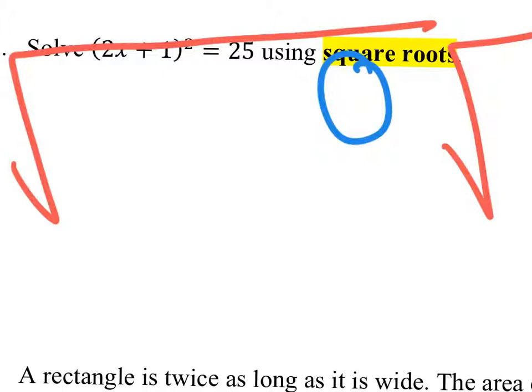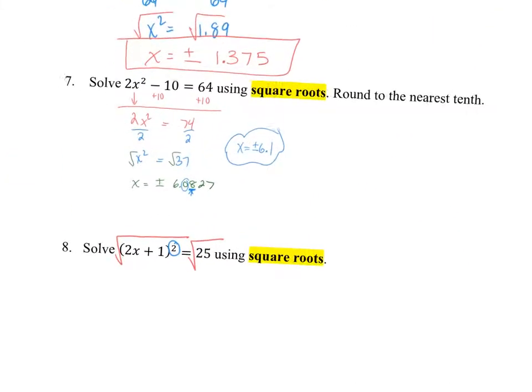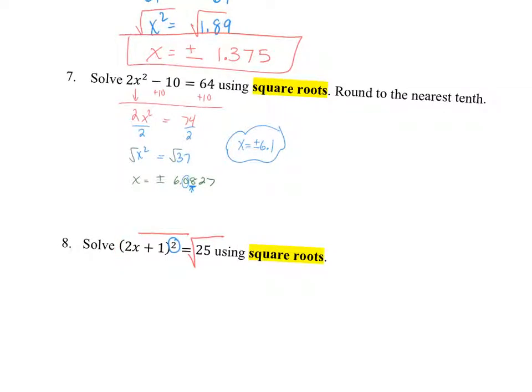Do you see how this is a little different than the previous one? Look at this here right now, and then go back to the previous one and look at the difference between the two questions. This question, number 8, the whole parentheses is squared, as opposed to the last one where only the x is squared. With only the x squared, you're trying to get x by itself, and that's why you have to add 10, divide by 2, and then take the square root.